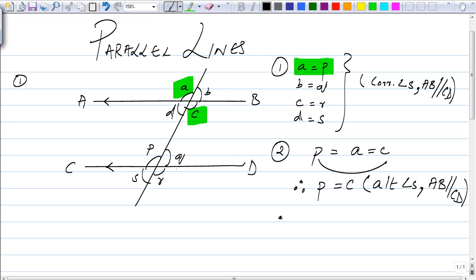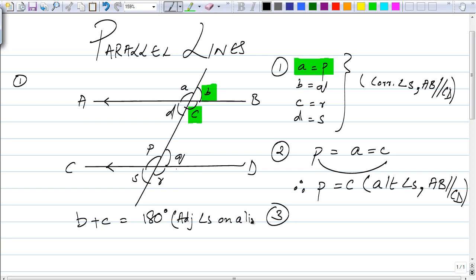So finally we will discuss the last property. The last property relates to the property that we studied earlier, and that was adjacent angles on a line. I can see that angle B and C are angles on a straight line, and they should add up to be 180 degrees. B plus C is equal to 180 degrees, and reason: adjacent angles on a line.